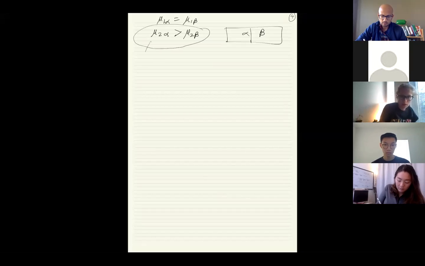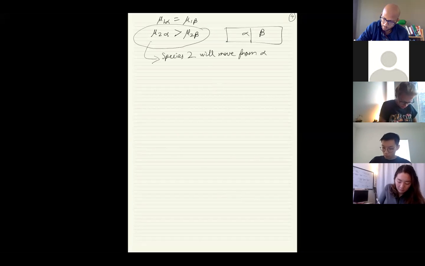What does this tell us about species 2, what it's going to do? So what I'm going to show you next is that species 2 will move from alpha to beta.